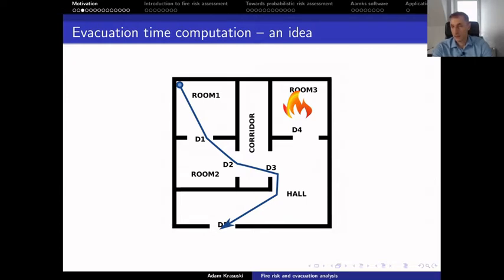Evacuation time is not only the travel time, it also contains other parts, let's say the detection time, pre-evacuation time, alarming time, and others. So the idea is to gather information about each part of evacuation time and then sum it up and calculate the evacuation time, or RSET.